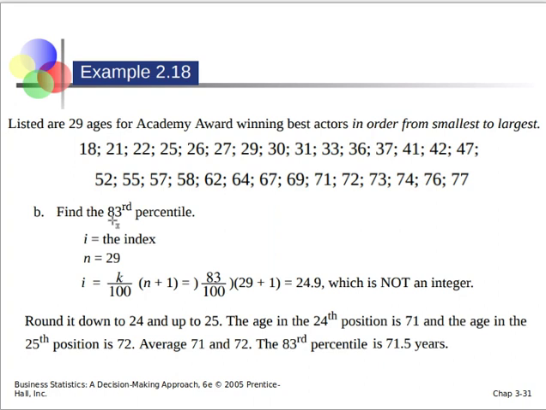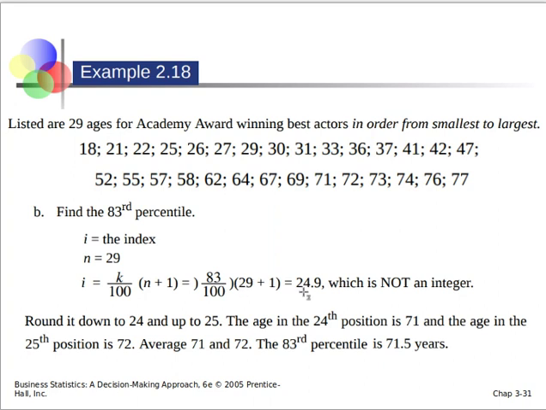The percentile we're looking for is 83, so K divided by 100 would be 0.83. Multiply that by 29 plus 1, which is 30.